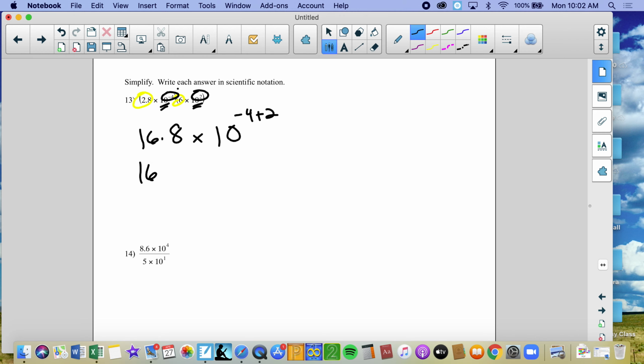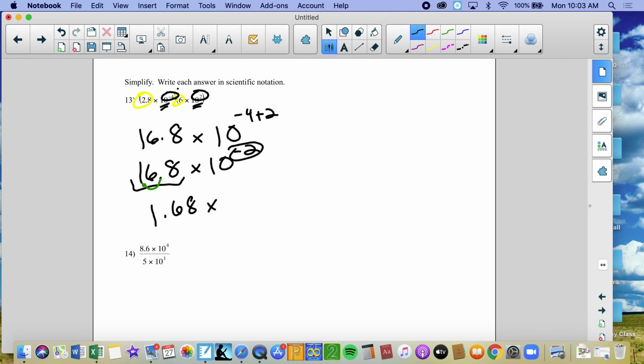So we get 16.8 times 10 to the negative 2. Notice scientific notation: this value has to be between 1 and 10. So I'm going to have to move that decimal point one place. That's a place of a 10. So we get 1.68.